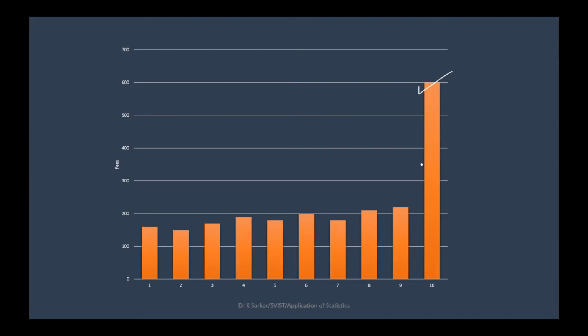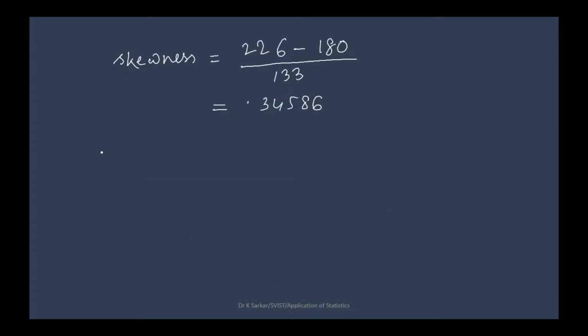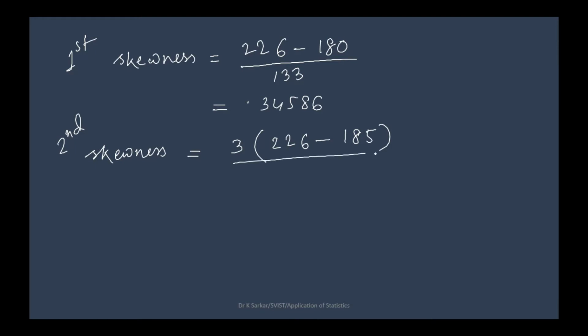Then let us find Pearson's second coefficient of skewness. We should write here first skewness and second skewness. That is 3 times (mean 226 minus median 185) divided by 133.